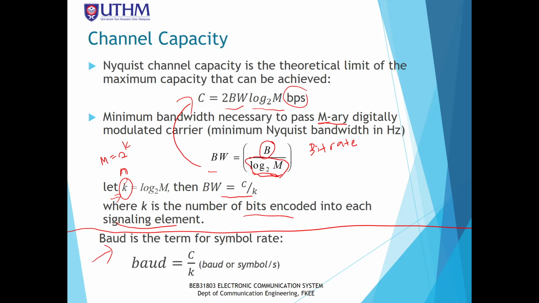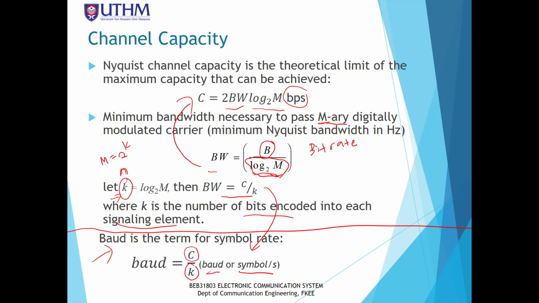Okay, ini dah macam bandwidth juga, similar with the bandwidth. So dalam case ini baud rate ataupun symbol rate adalah bersamaan dengan capacity ataupun bit rate dibahagikan dengan number of bit. Okay, so the unit is baud ataupun symbol per second.